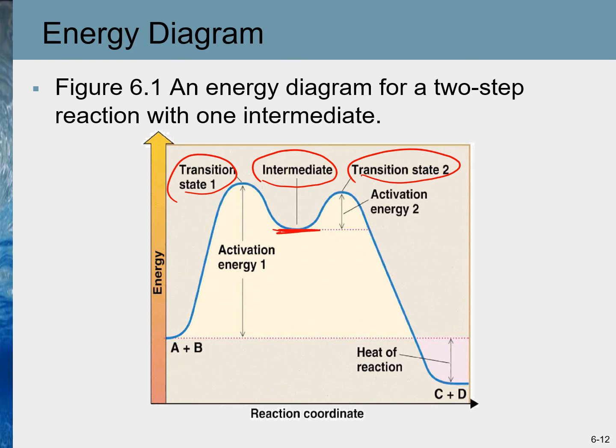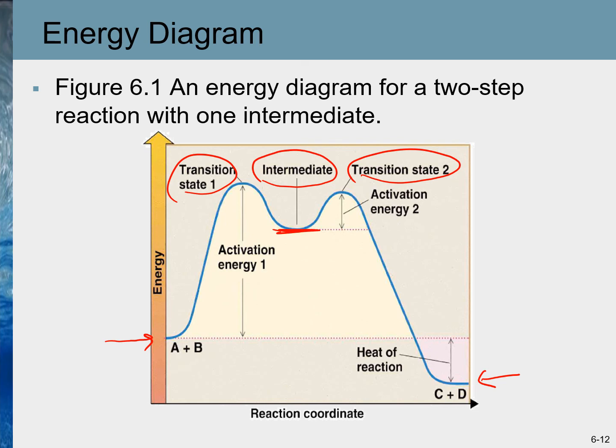Although this reaction intermediate is stable as compared to the transition state, the energy of this intermediate is considerably larger than both reactants and products. So therefore, reaction intermediates are extremely unstable species. So they exist only for a small fraction of a time.